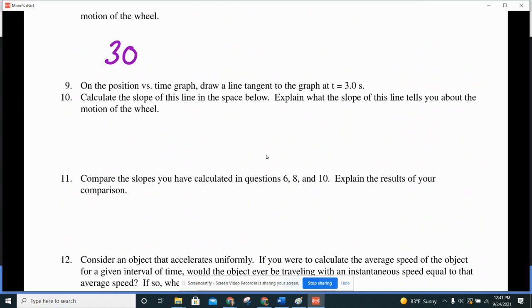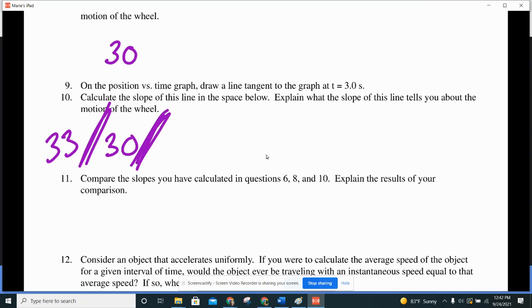I'm going to go around the room and I'd like you guys to tell me what slopes you got. Table 1, what'd you get? 30 what? 33 over 1. I'm just going to write 33. Group 2, give me 1 or 2 slopes that you guys got. 30. Anybody else get a different slope at that table?